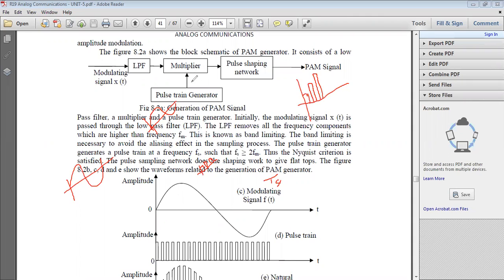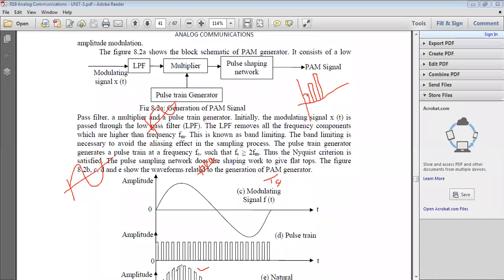When each pulse is multiplied with the modulating signal, automatically at the output we have a pulse train whose amplitude changes in accordance with the amplitude of the message signal. So at the multiplier output we get this signal.